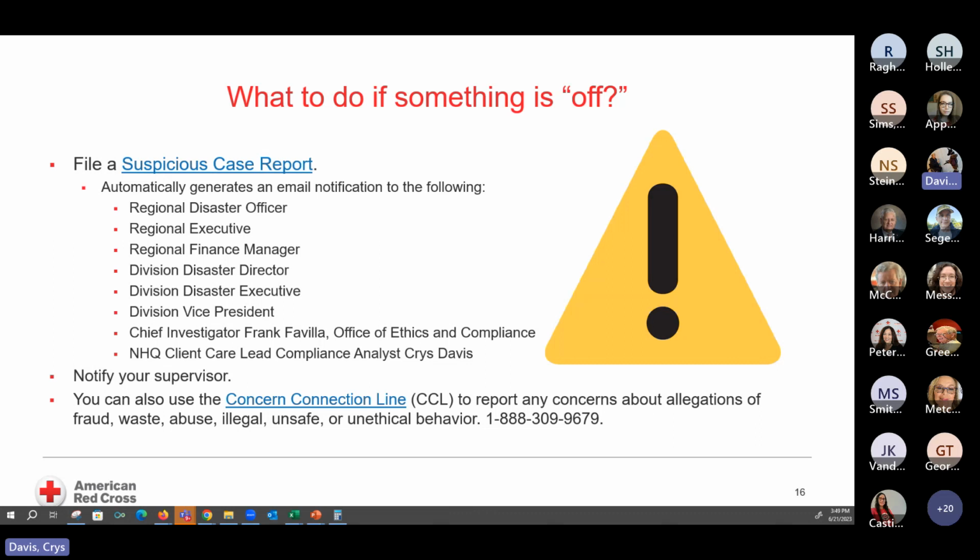Also, the acronym ICE is associated with a government agency, and we are a non-government organization. We did not want any confusion between our investigative arm and a government agency, because getting those two mixed up would not be ideal.